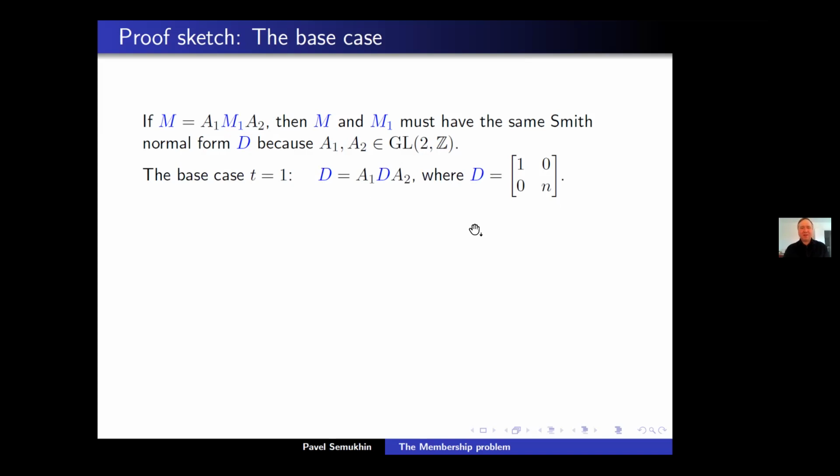And now the question we want to solve is the following. We are given a matrix D, and we are given a semigroup S, and we want to know whether there are matrices A1 and A2 from this semigroup which satisfy this equation here.